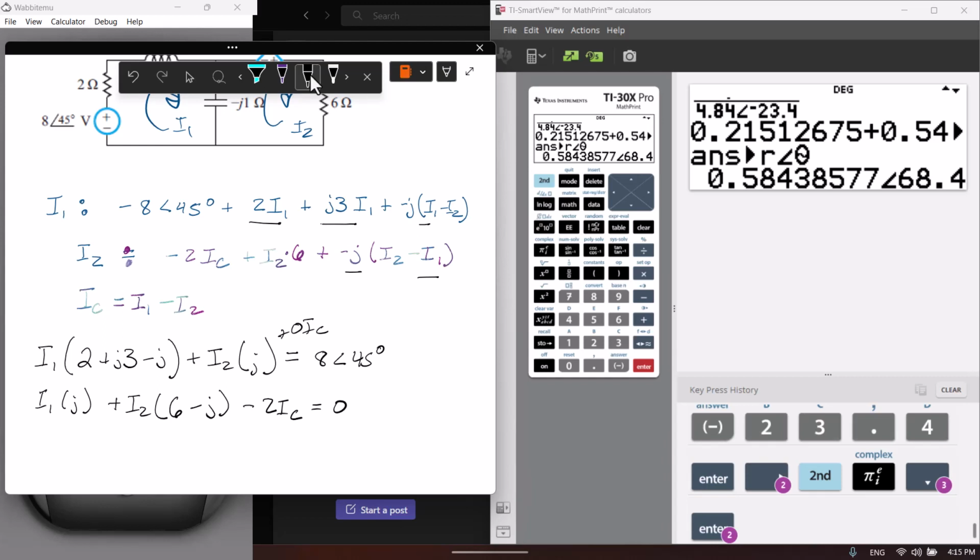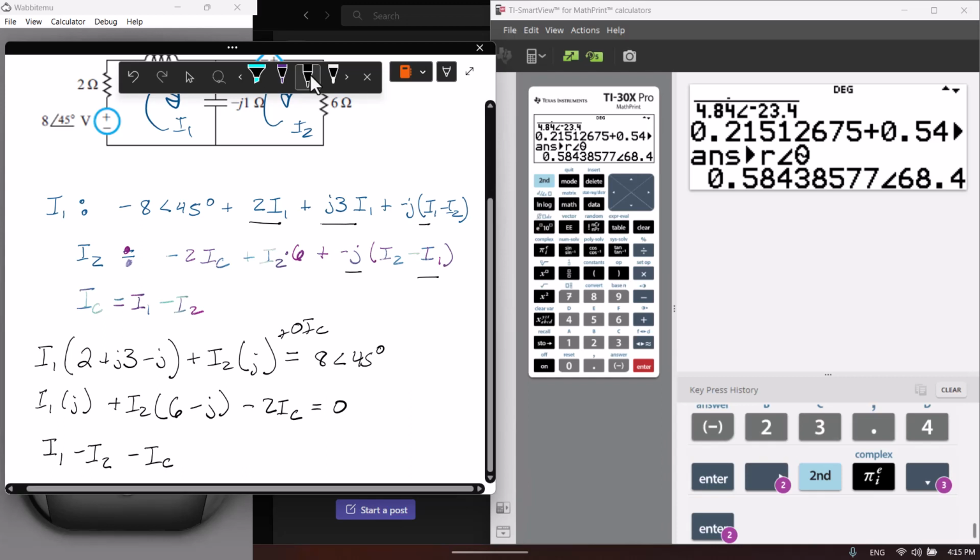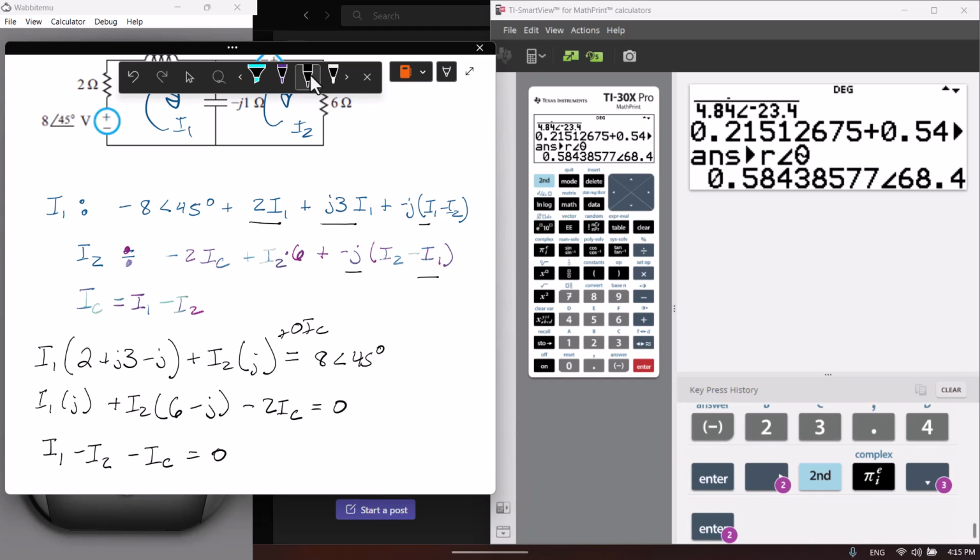And my last equation, I have I1 minus I2 minus IC equals 0. Let's see if by any chance this works.